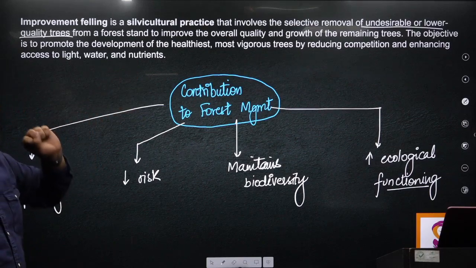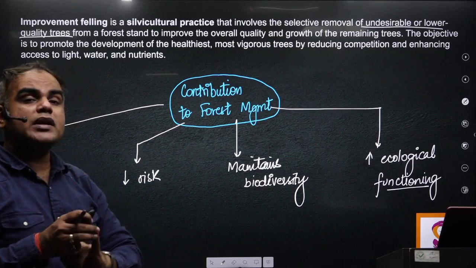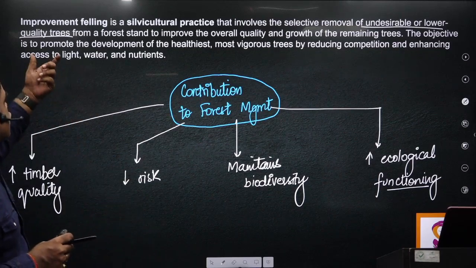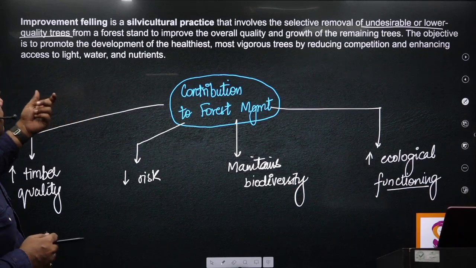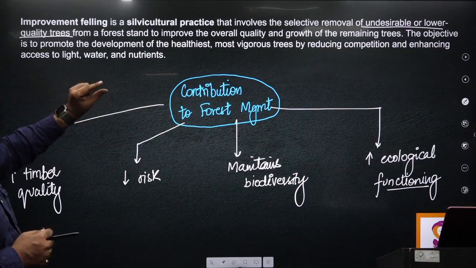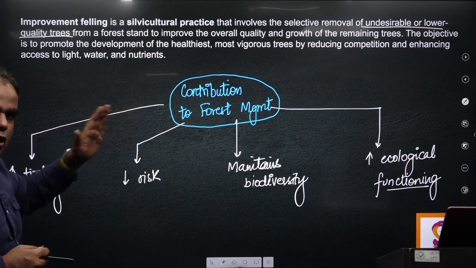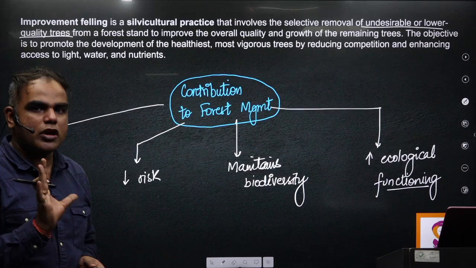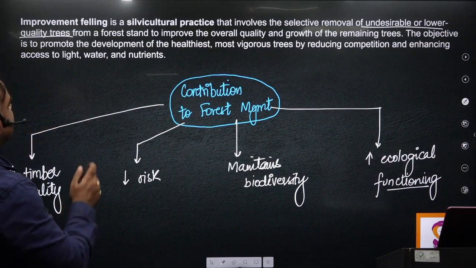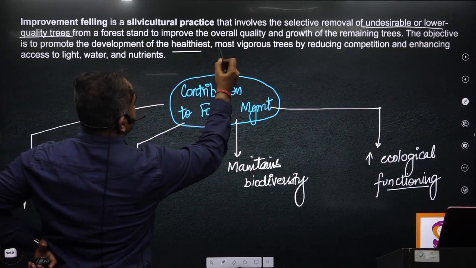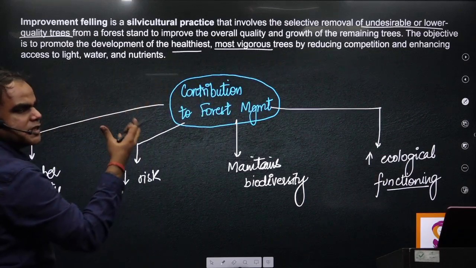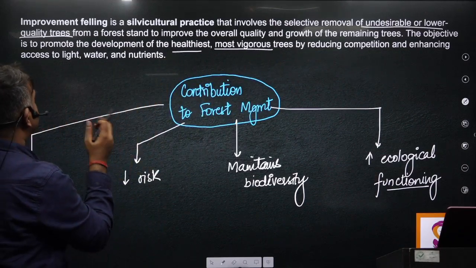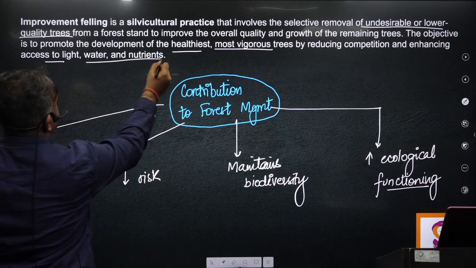Okay, so the main thing happening here is you are removing the undesirable or low quality trees to improve the overall quality. And this basic definition is going to come very handy when we see whether it is an appropriate silvicultural system or not. Okay, the objective is the healthiest, most vigorous trees. Why? You want to reduce the competition, you want to enhance the access to light, water and nutrients.